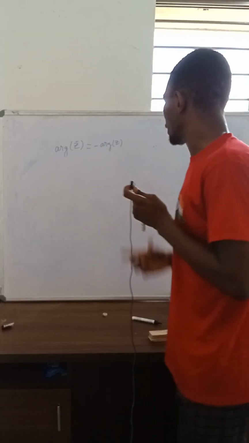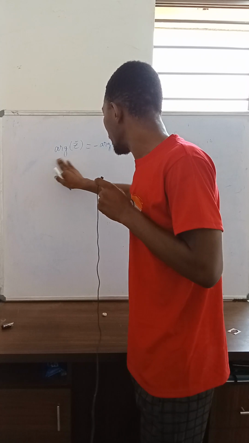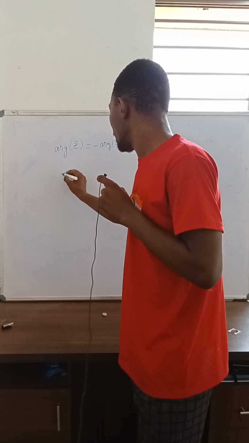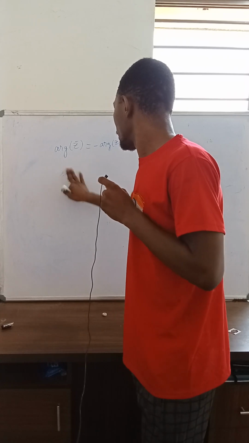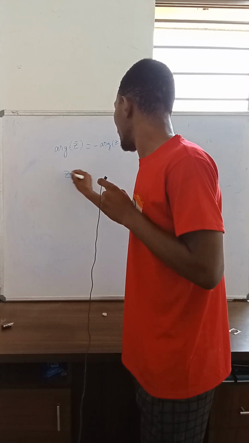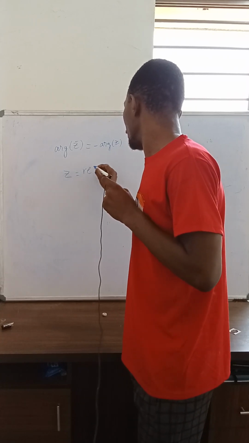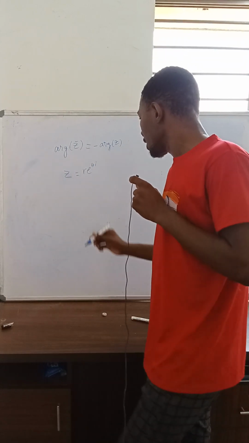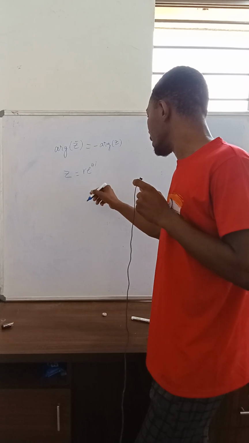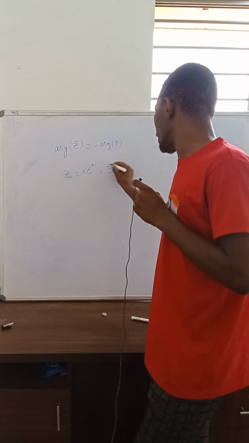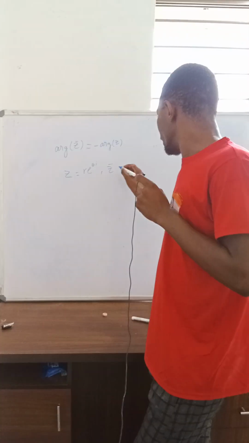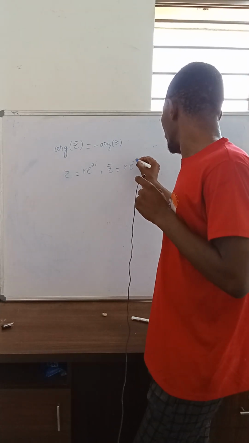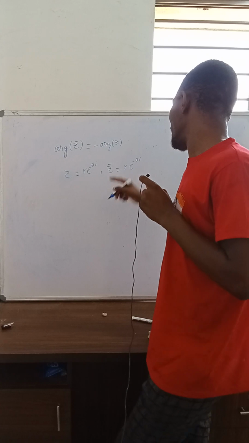Okay? What will it be? If I have z, z is r Euler raised theta I. Now, what is the argument of z? And what is the conjugated z? The conjugated z is r Euler raised to minus theta I, or minus I theta.